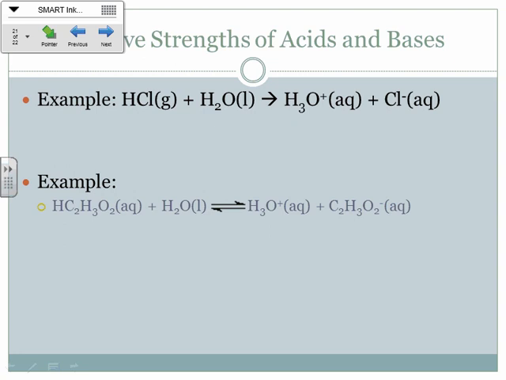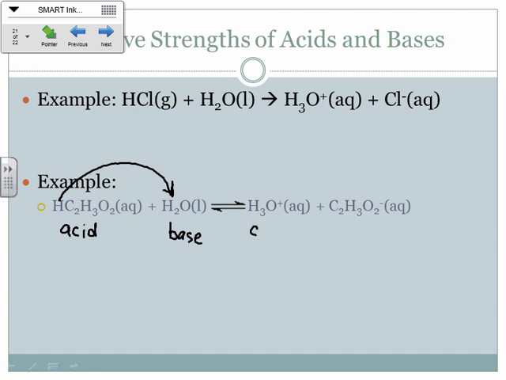So let's look at the second example here. I think this is maybe a little bit easier to see. This HC2H3O2, again, the acid here is the acetic acid, and that makes the water the base again. Okay.